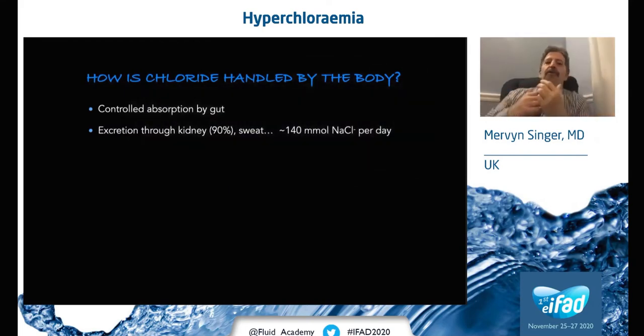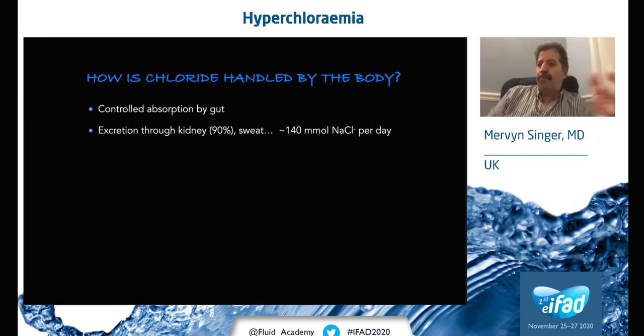What about chloride? Chloride is handled in 2 ways. Absorption is controlled by the guts. If you have lots of salt, some of the absorption is regulated by gut receptors, and there's excretion, 90% through the kidney, others through sweat and so forth.